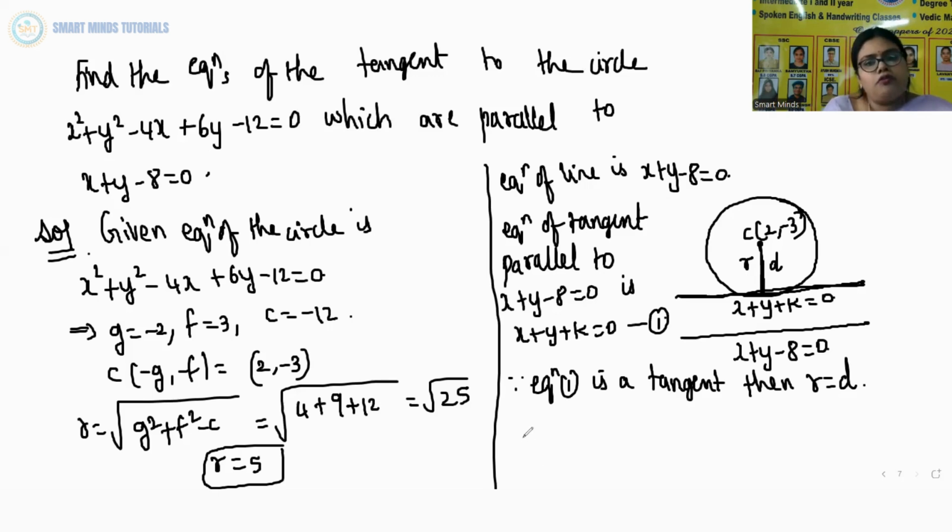Understood? Now, how to find R? R is the same as the perpendicular distance. Now, I apply the perpendicular distance formula. What is that? Mod of Ax1 plus By1 plus C by root A square plus B square. This is the perpendicular distance formula. Now, what is the radius? In the place of R, I am substituting 5. On the right hand side, I wrote the perpendicular distance formula.